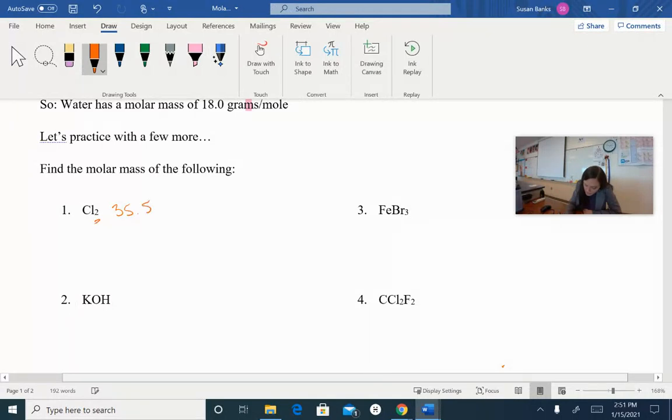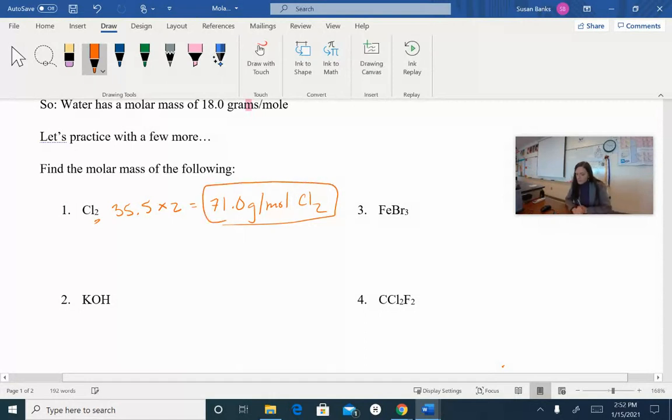I've got 2 of them, so I've got to multiply it by 2. I'm misspeaking all the time. 35.5 times 2 is 71, so 71.0 grams per mole for chlorine.